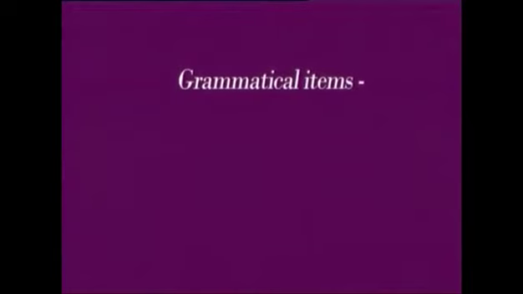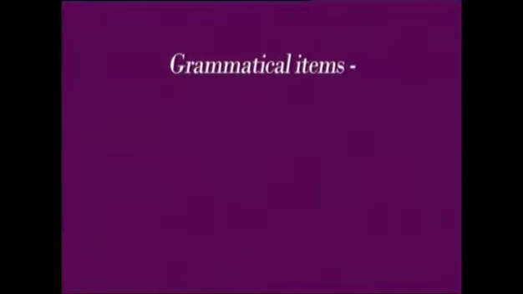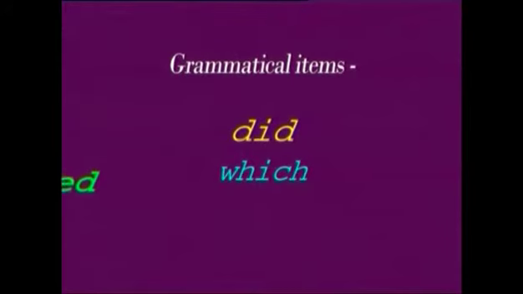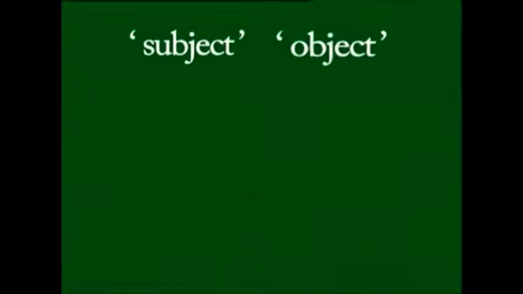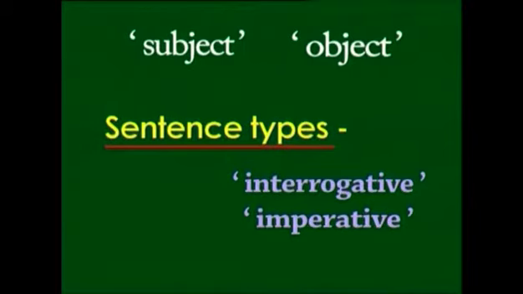Grammatical meaning refers mainly to the meaning of grammatical items as did, which, or past tense marker ed. Grammatical meaning may also cover notions such as subject and object, sentence types as interrogative, imperative, etc.